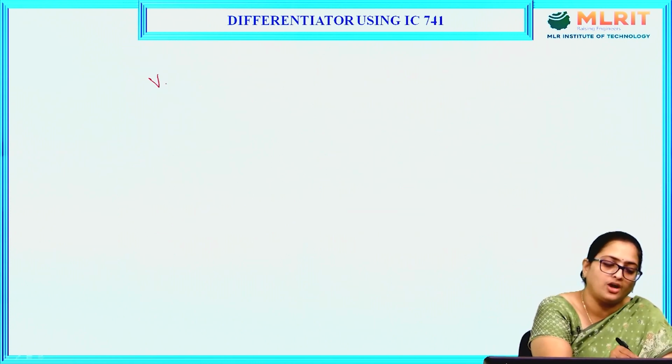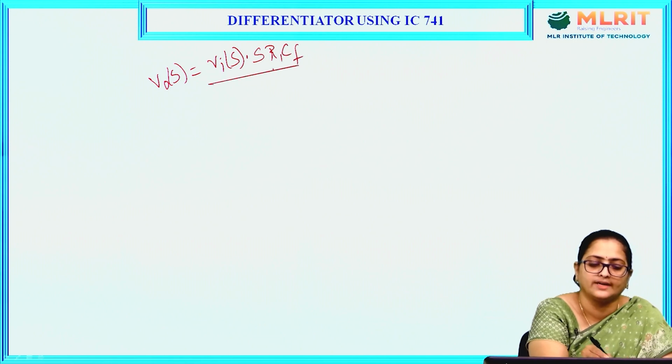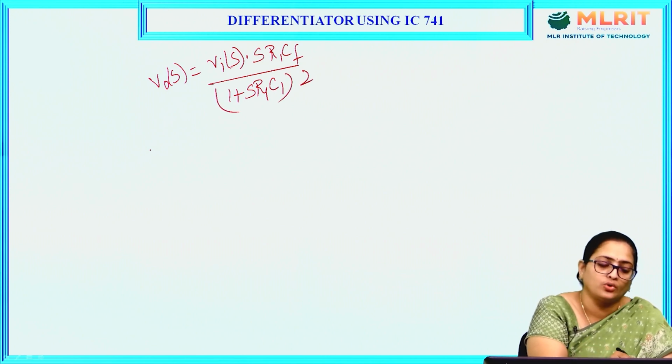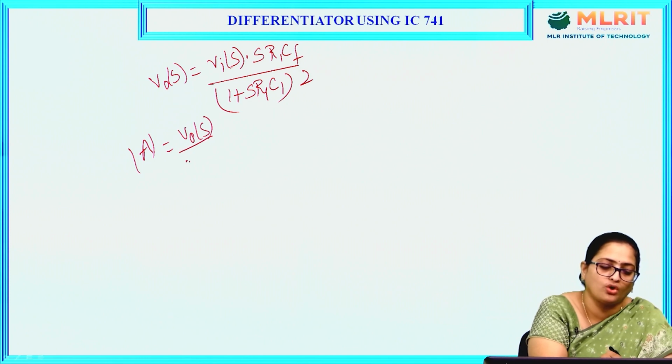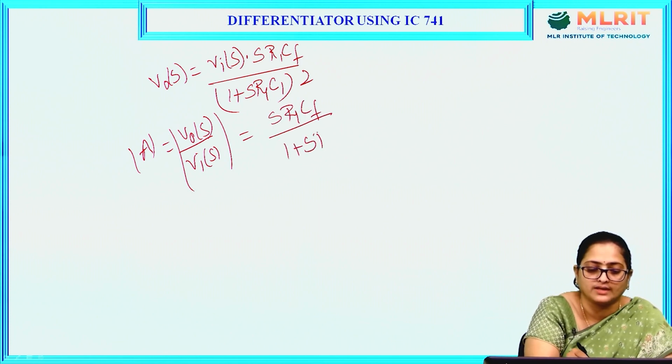now we got output voltage V naught of S equals Vi of S into S R1 CF divided by 1 plus S R1 C1 whole square. So if you want to find out the gain, you can write it as magnitude of V naught of S by Vi of S, which is given as S into R1 CF divided by 1 plus S R1 C1 whole square.